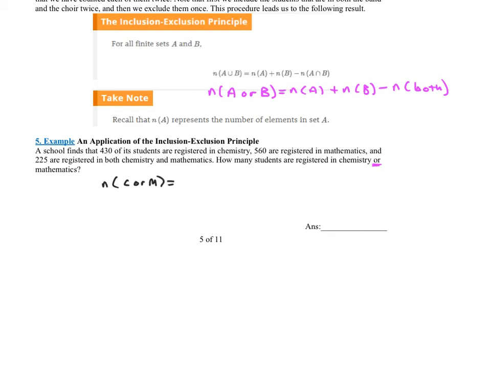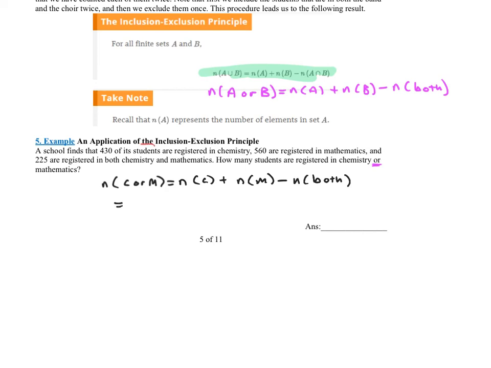Well, according to the inclusion-exclusion principle, which is what we just looked at, to find the number in chemistry or mathematics, we're going to take the number in chemistry plus the number in mathematics, but remember we've double counted, so we need to take away the number that are in both. Well, that's pretty easy if we read the problem.